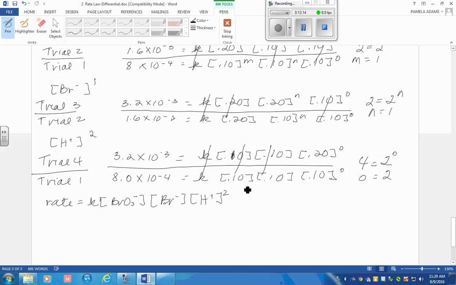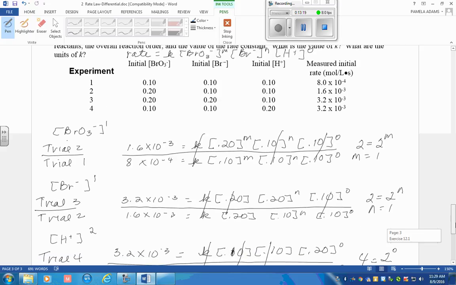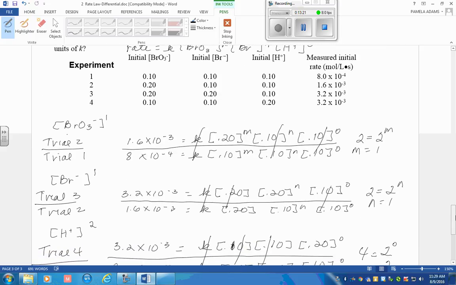Now we're going to find the rate law constant. So I will take any values, and so I will take these values and put them into the rate law.